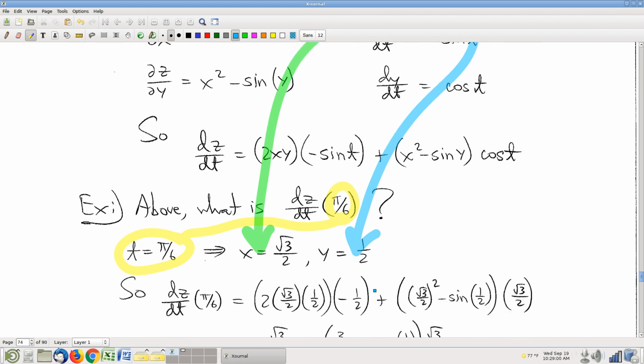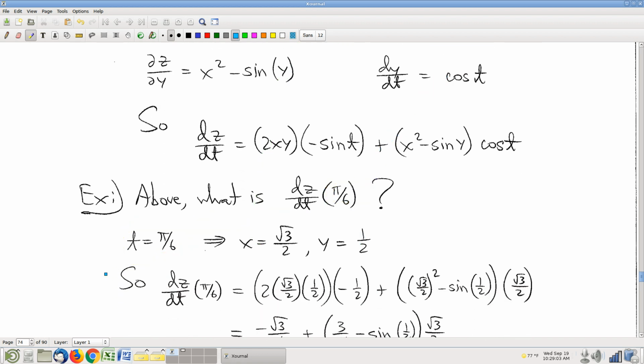And then when I'm plugging in, I've got now values of not just t, but I have values of x that I can plug in, and values of y that I can plug in, and help me evaluate the expression. Now, in this process, you don't have to. You notice I didn't rewrite this formula for dz/dt. I just left it as an expression in terms of x's, y's, and t's. And yeah, it's a little sloppy, arguably.